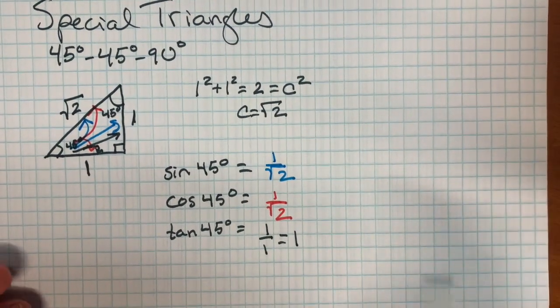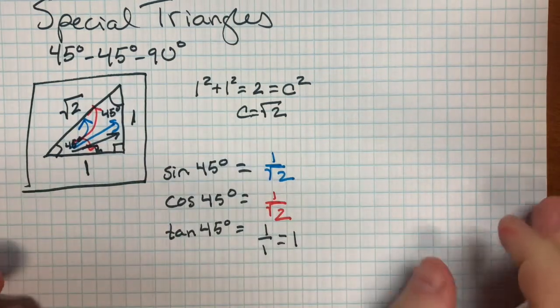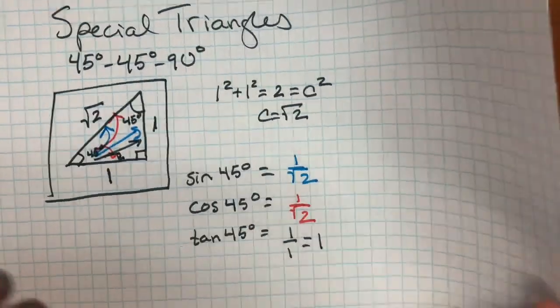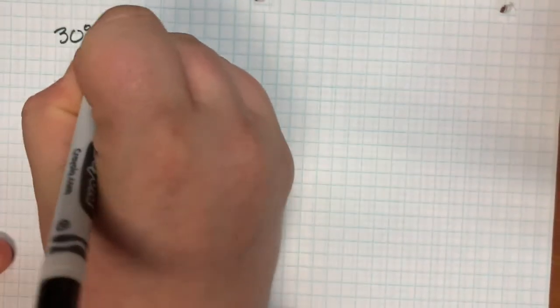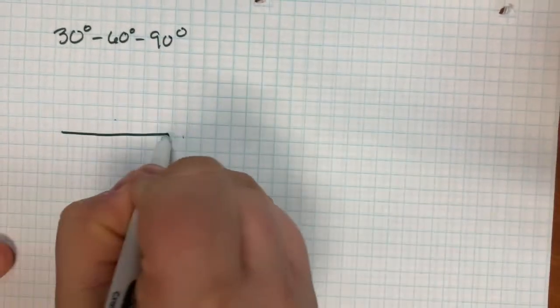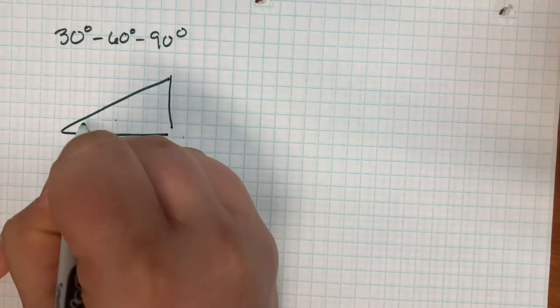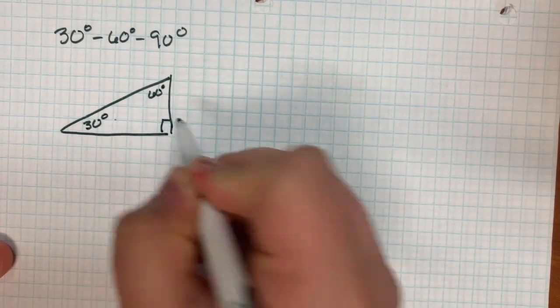So you need to commit to memory our 1, 1, root 2, our 45, 45, 90 triangle, and one more special triangle. Our second special triangle is our 30 degree, 60 degree, 90 degree triangle, which looks something like this. We have 30 degrees here, 60 degrees here, and 90.